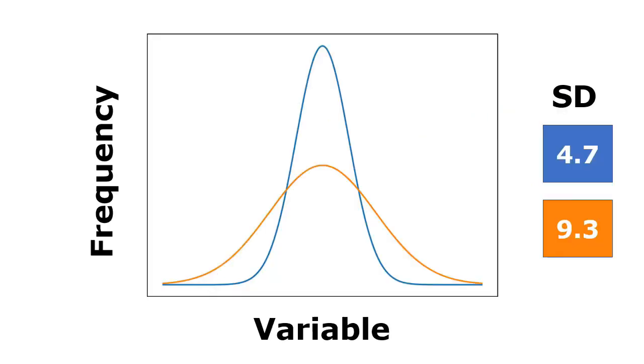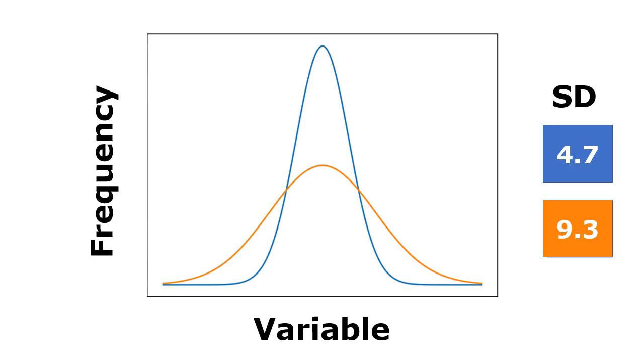Now, as I mentioned earlier, standard deviation communicates the variation in values in a distribution or from a sample. This image shows 2 different shapes of values in a distribution graph. The blue line would reflect a lower standard deviation. In this case, just the value of 4.7 was put in there for whatever is being measured.